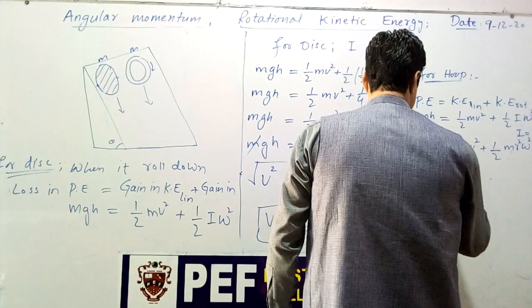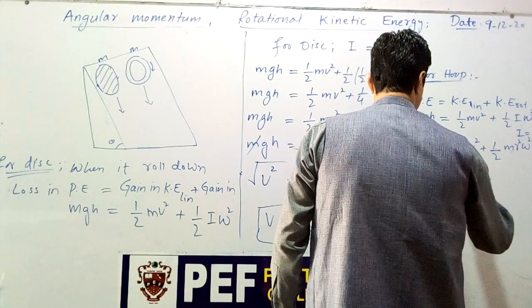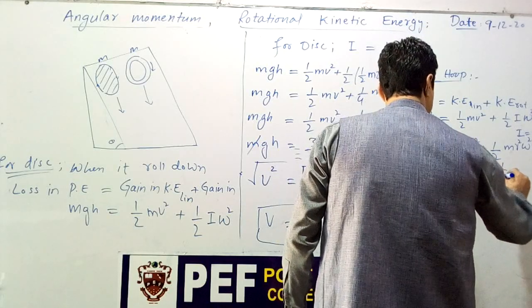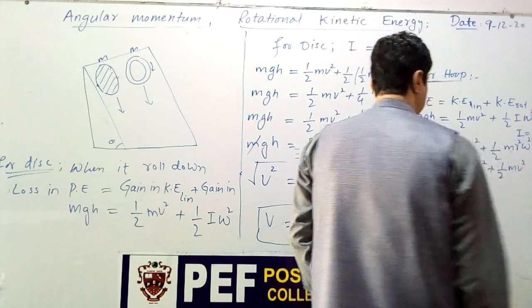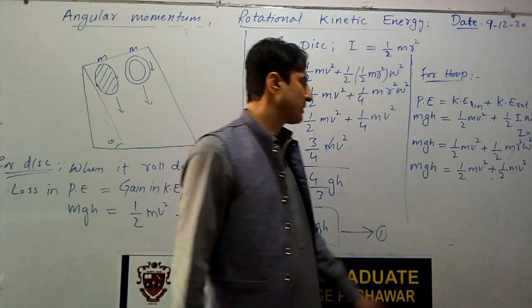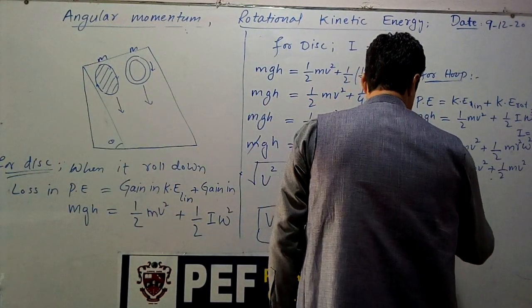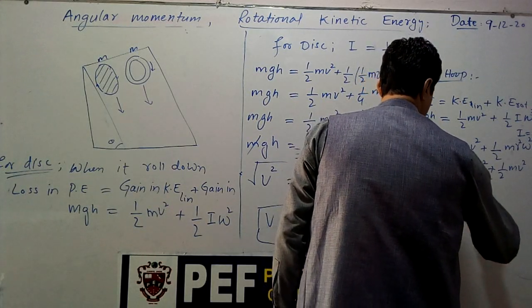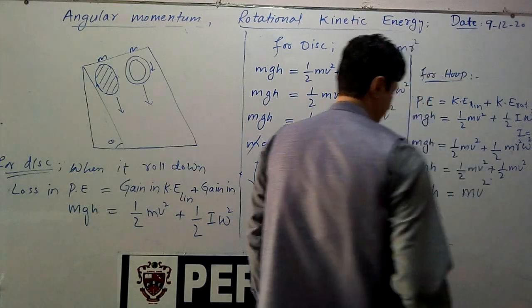So mgh is equal to 1 upon 2 mv square plus 1 upon 2 mv square. Half mv square plus half mv square is equal to mv square. So mgh is equal to mv square.